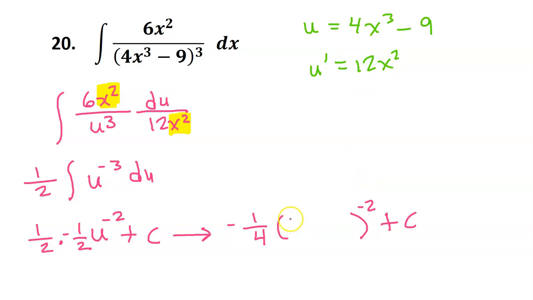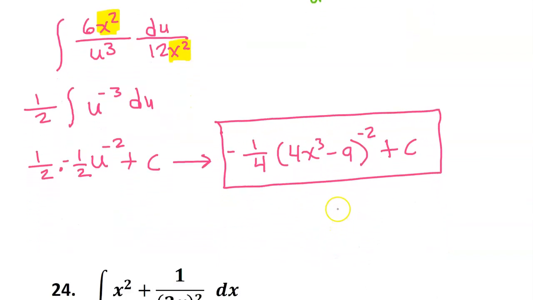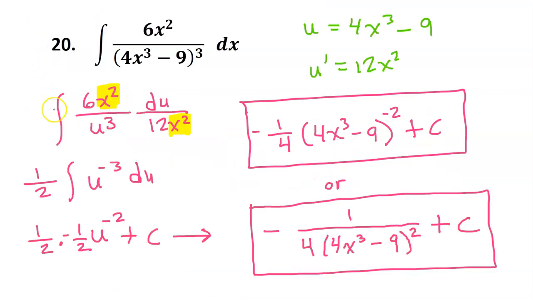But u is 4x to the third power minus 9. So we could leave the answer like this. But it would also be cool if we dropped this down to the denominator. So if this were a multiple choice question, you might also see the answer written this way.